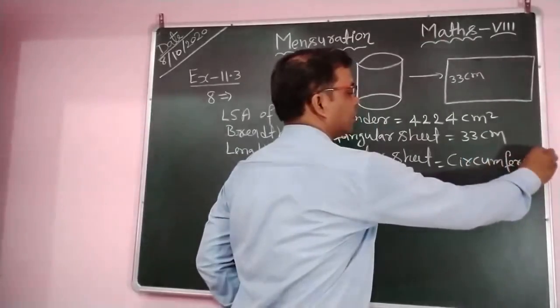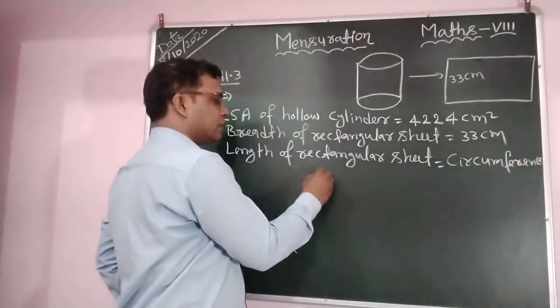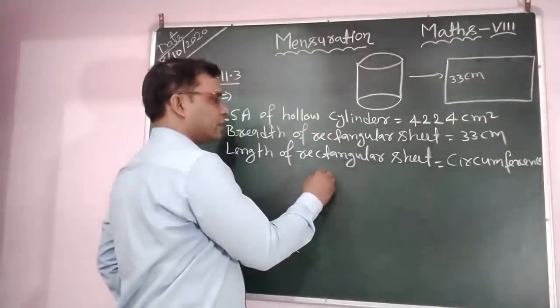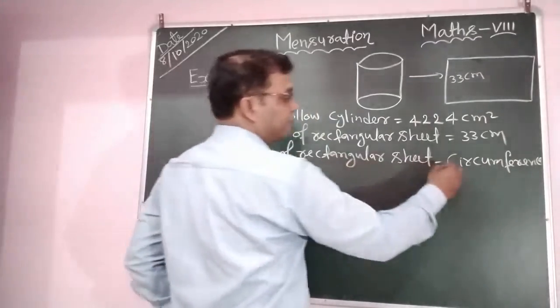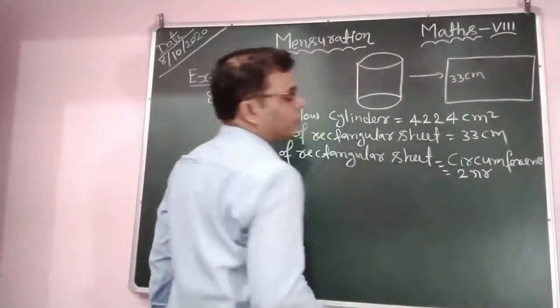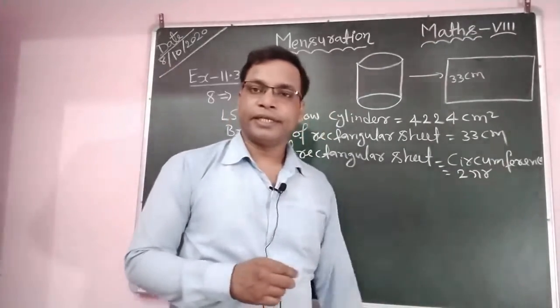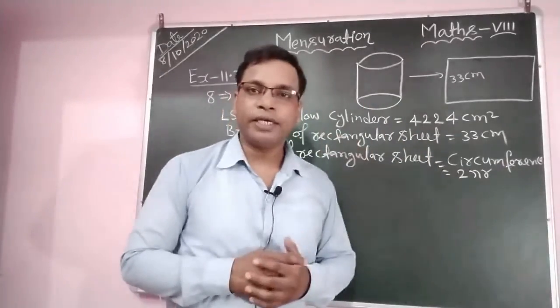So how can we find the circumference? Circumference is equal to 2 pi r. But here we need to find the radius. r represents the radius of this part. So how do we find the radius?